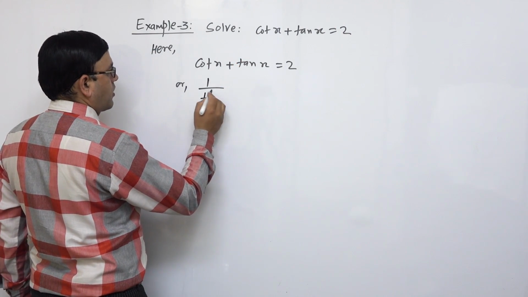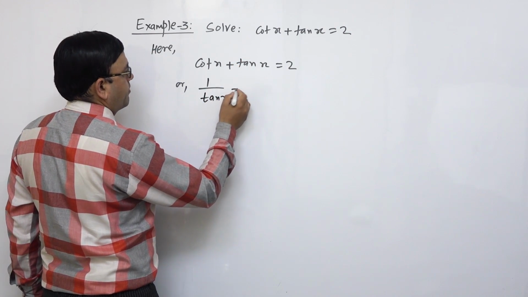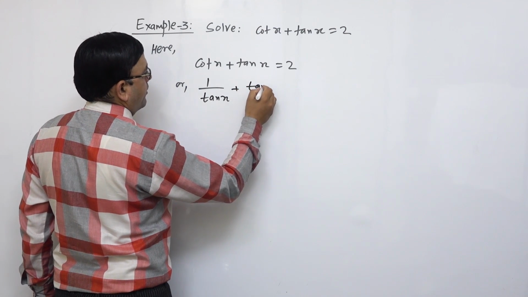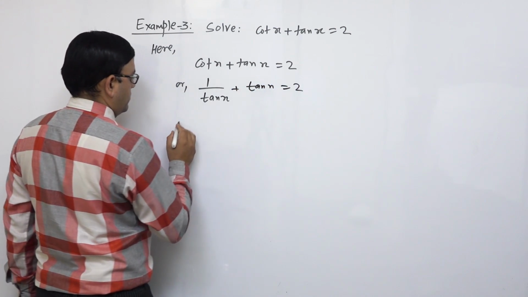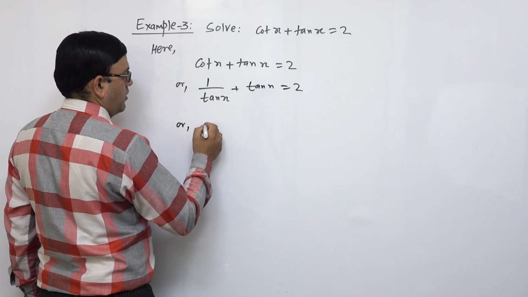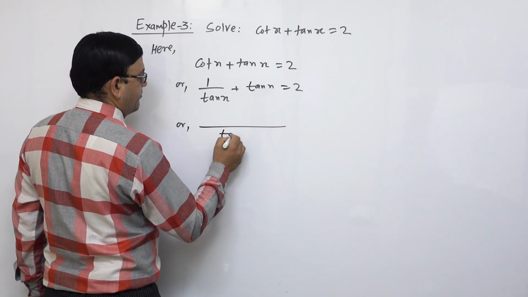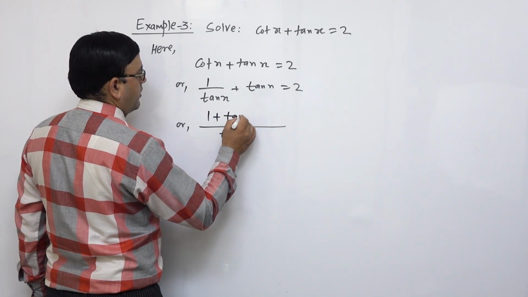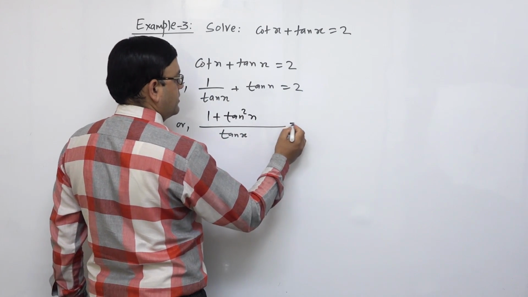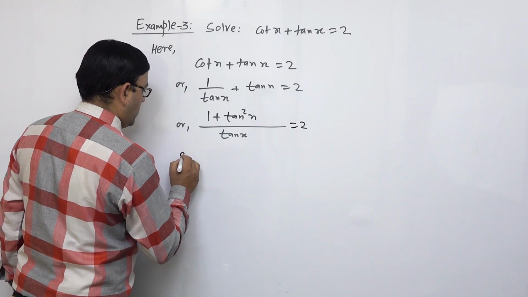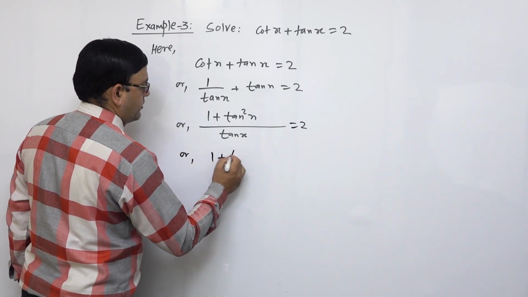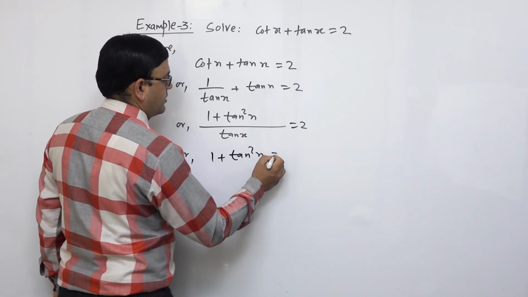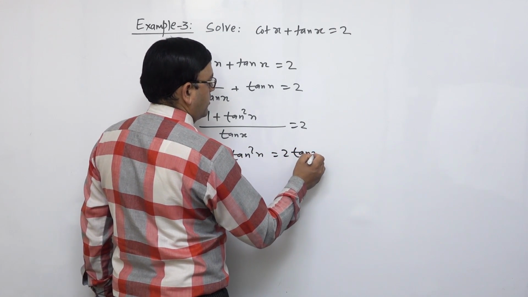So cot x is 1 by tan x, plus tan x is equal to 2. Taking the LCM, tan x, we get 1 plus tan square x is equal to 2 tan x.